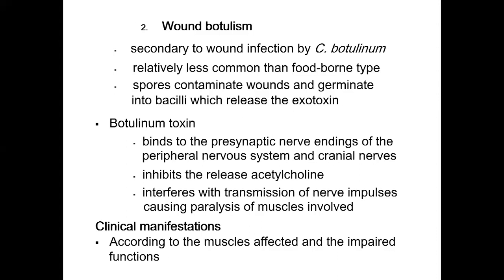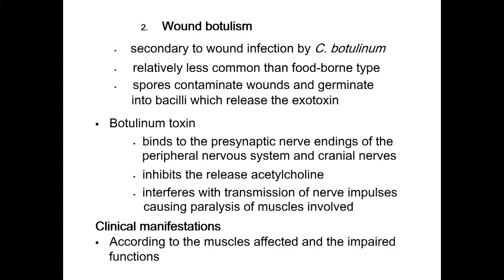So any stimulation does not reach the muscle it is supposed to reach, and as a result the muscle is not stimulated and becomes paralyzed. It's a different type of paralysis from that of Clostridium tetani, which is due to overstimulation.